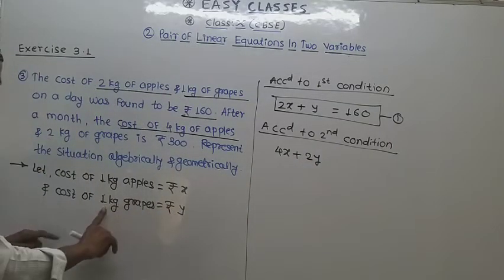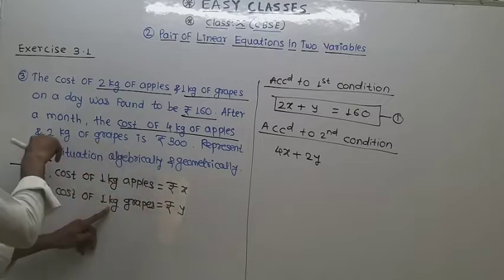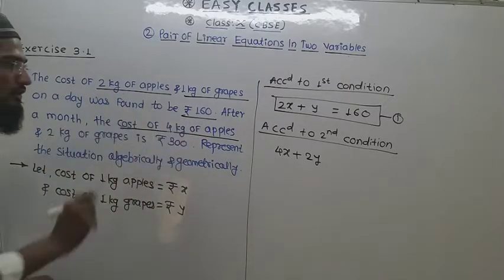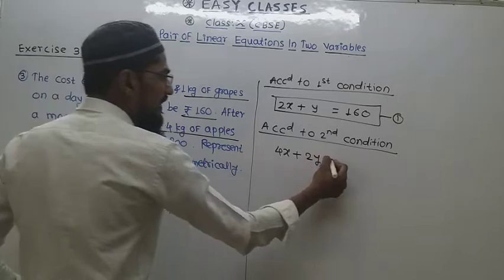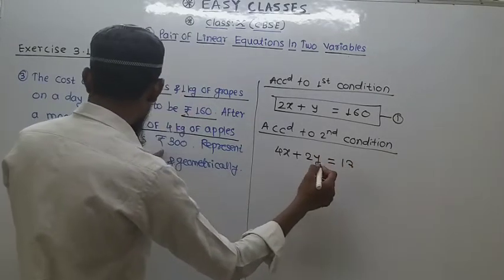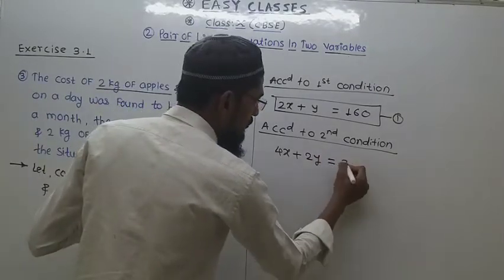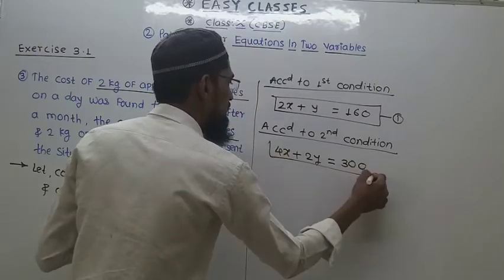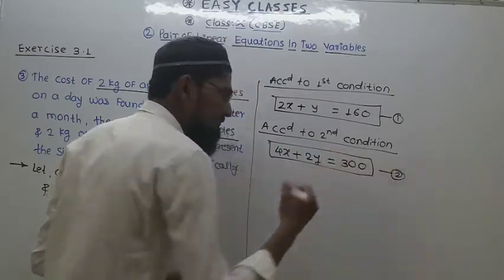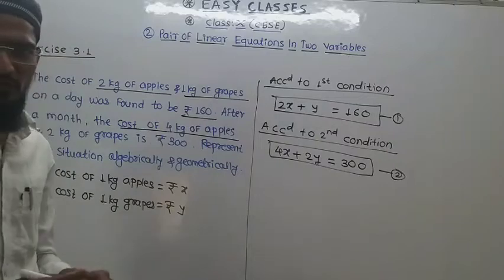Why? Because 1 kg grapes for y rupees, so 2 kg grapes for 2y rupees, and total is 300. So it is the second equation. So now we got two equations.